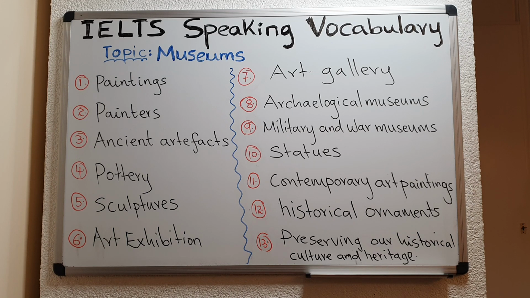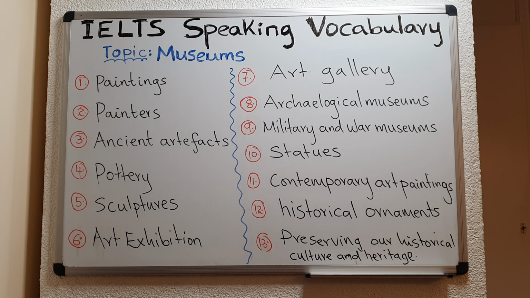Number 6, art exhibition. Number 7, art gallery. Number 8, archaeological museums. Number 9, military and war museums. Number 10, statues. Number 11, contemporary art paintings. Number 12, historical ornaments. Number 13, preserving our historical culture and heritage.